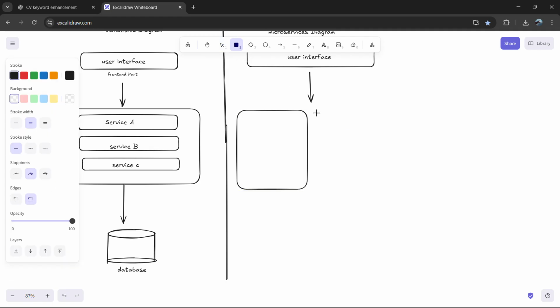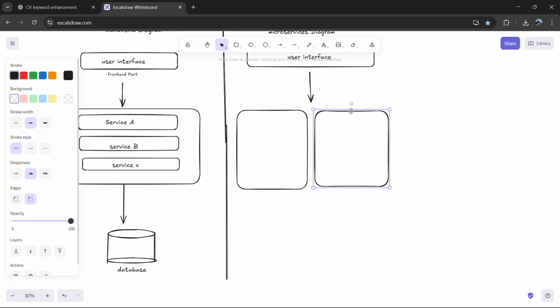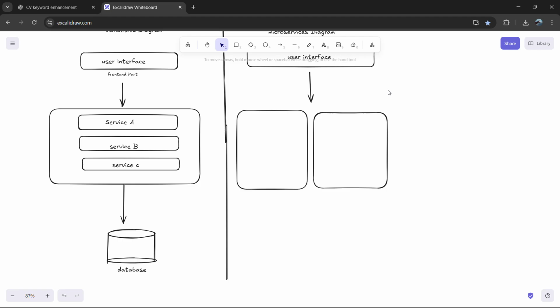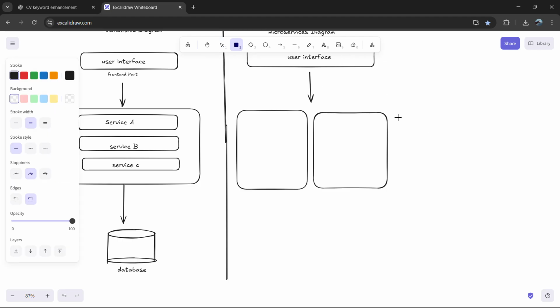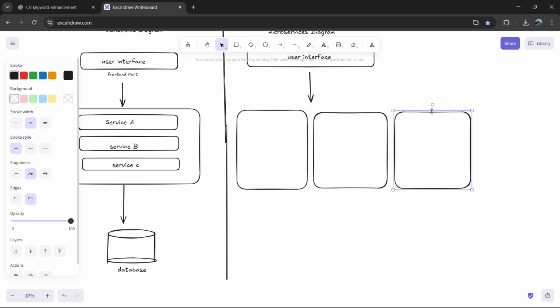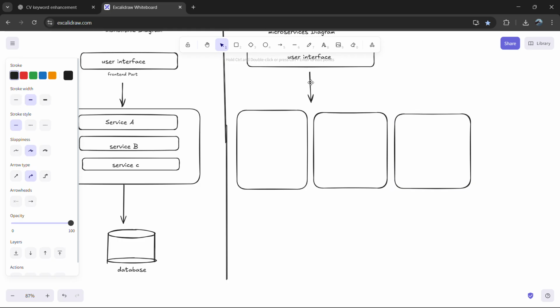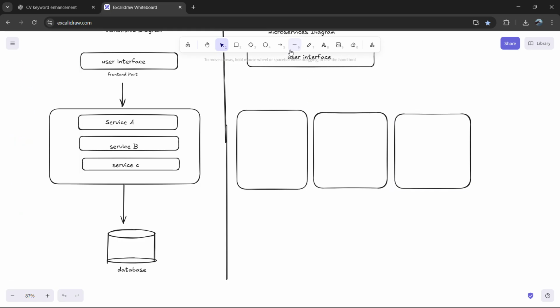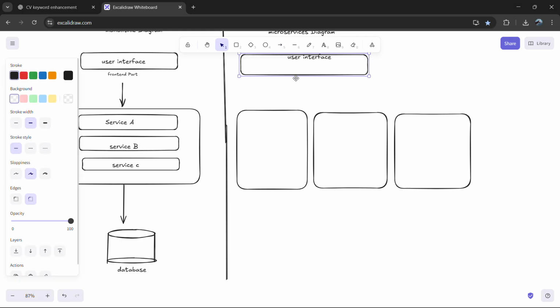This is microservice A, this will be service B. Instead of writing all the code in one project, we will create different microservices to write different logics. It will be connected in this way.